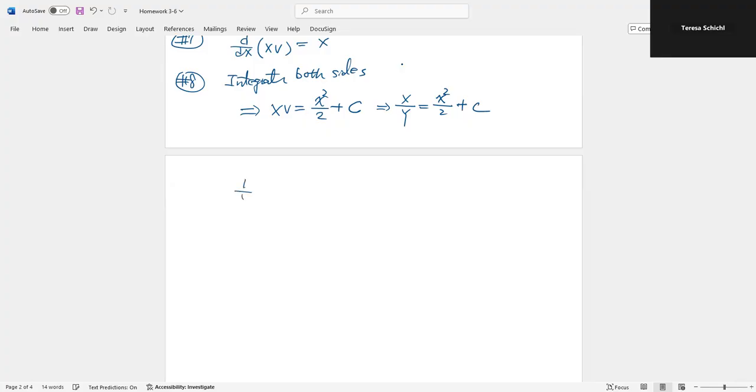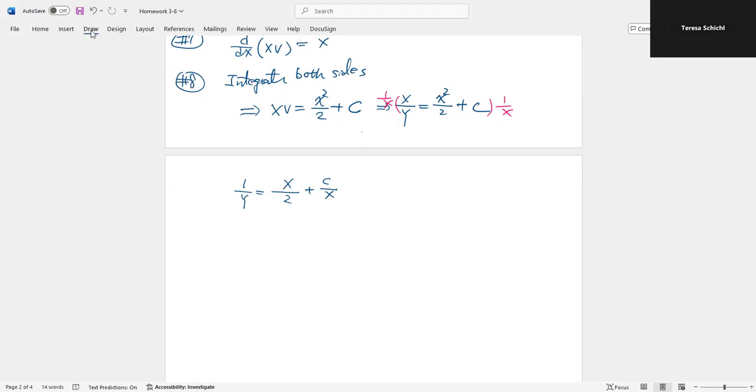So this is 1 over y, so this would be x over 2 plus c over x. What I did was basically multiply by 1 over x on both sides. So I got 1 over y equal to x over 2 plus c over x.